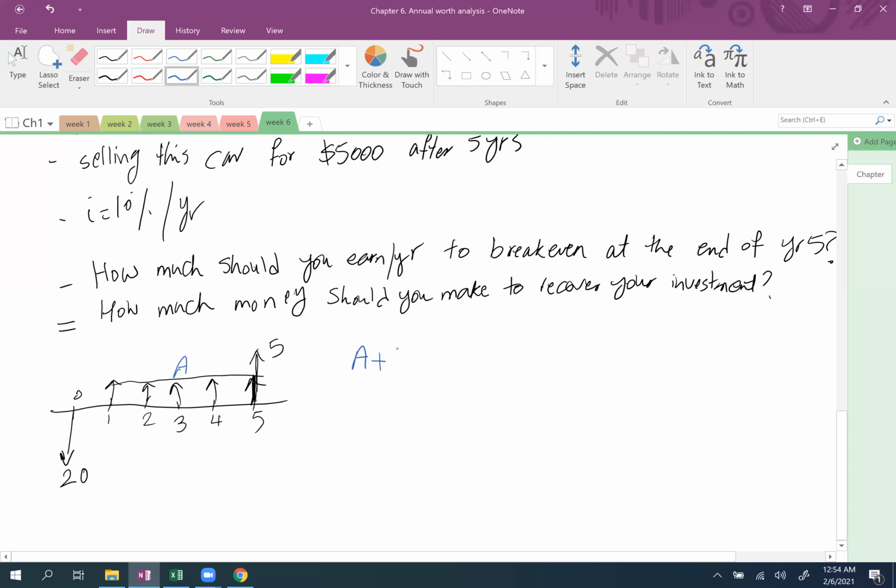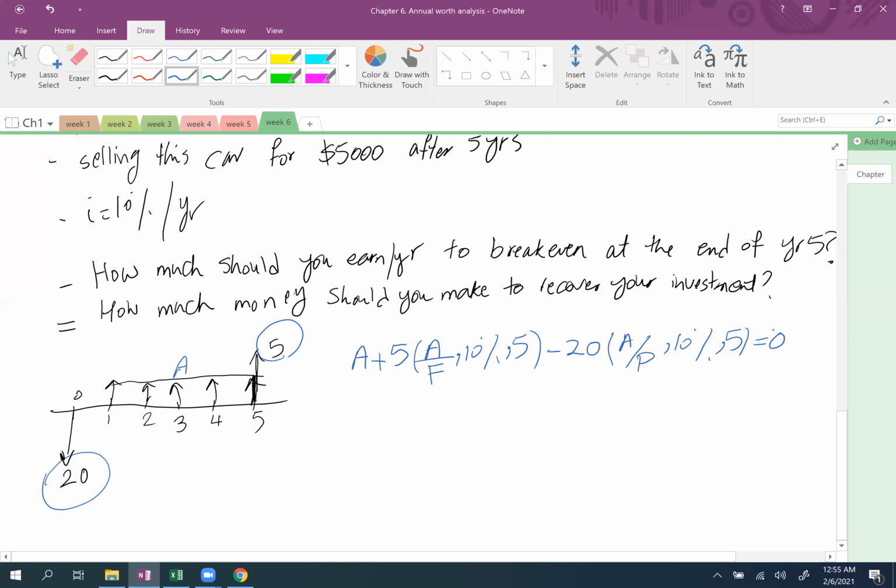It is plus 5, and you want to find A for that given F, because it is a future worth for this period of 5 years. And I have $20,000, which is a present worth for this problem, and I want to convert that to A. So it should be minus 20. You want to find A for this given P, 10%, and 5, and set it equal to 0.